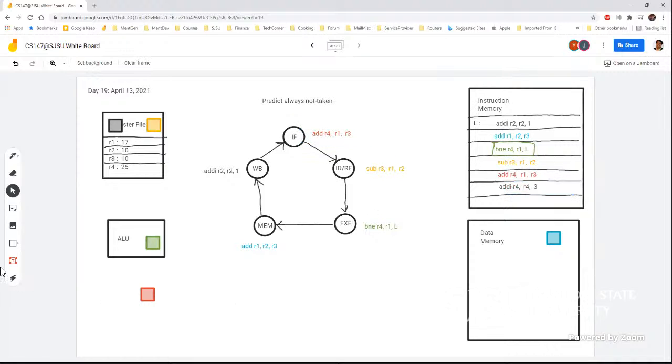Okay, now see, there is this potential bubble again, right? After this clock, definitely this guy will go and it's done. That's fine. This goes in the write back, this goes in the mem, this goes in the exe, this goes into the instruction decode register fetch.